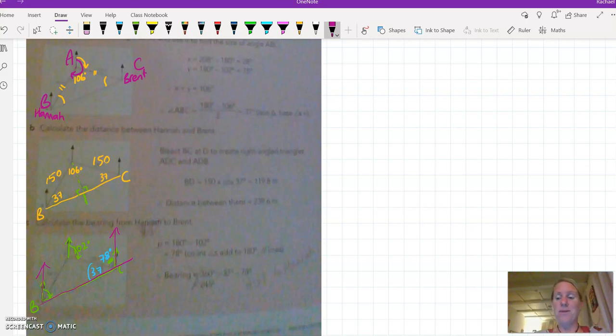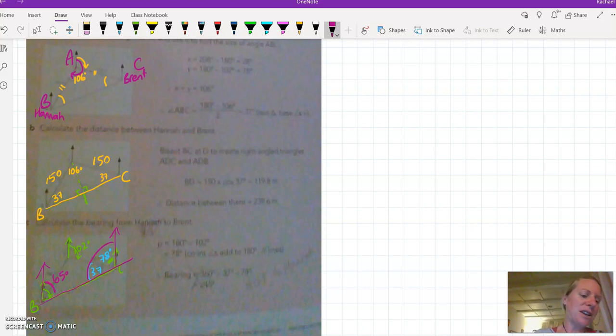We've got angles and parallel lines, so we can use our rules again. If we add up 78 and 37, what's that going to be? 115. Then this angle here is co-interior with that 115, so that will end up being, whatever it's going to be, 65. My brain's gone to sleep.